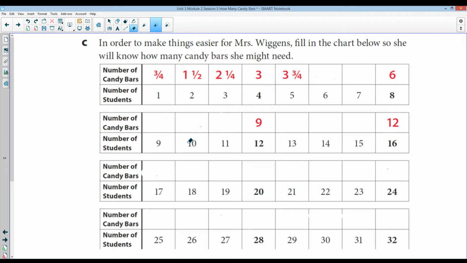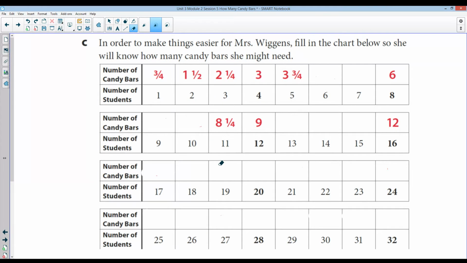That works. Adding things together, you could do that too. You could add like denominators together. So if you were looking for 11, you could do 8 plus 3. So that would be 6 plus 2 1/4. Oh, that's 8 1/4. Like right here.